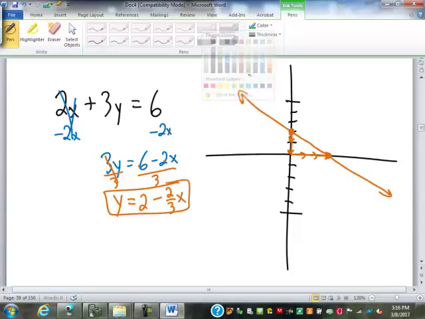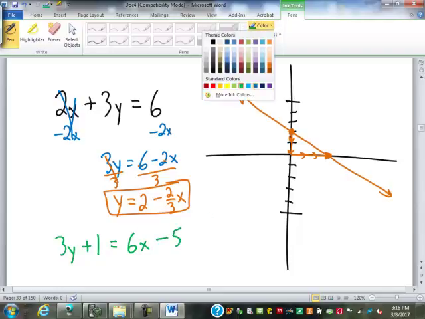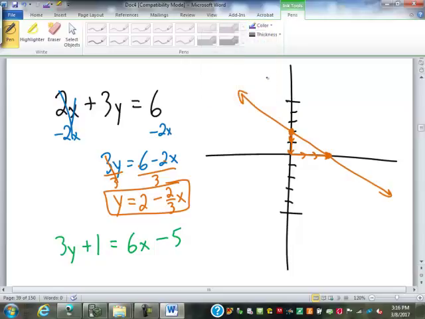Well, what if I have 3y plus 1 equals 6x minus 5? Before I can graph this one, I need to do what?